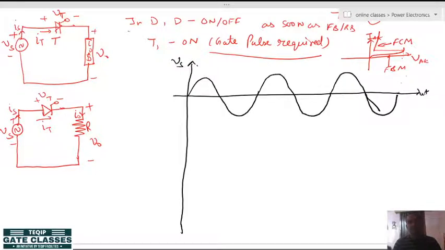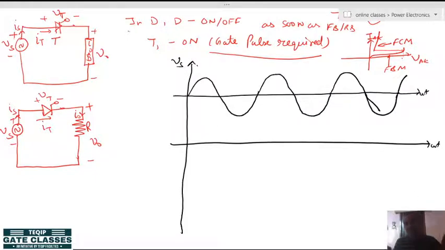Otherwise the circuit will remain in the blocking mode only, it will not connect, because the thyristor is a semi-controlled device. Okay, so let's mark the instants 0, pi, 2 pi, 3 pi, 4 pi, 5 pi and so on. These are the pi instants marked with black dotted lines.